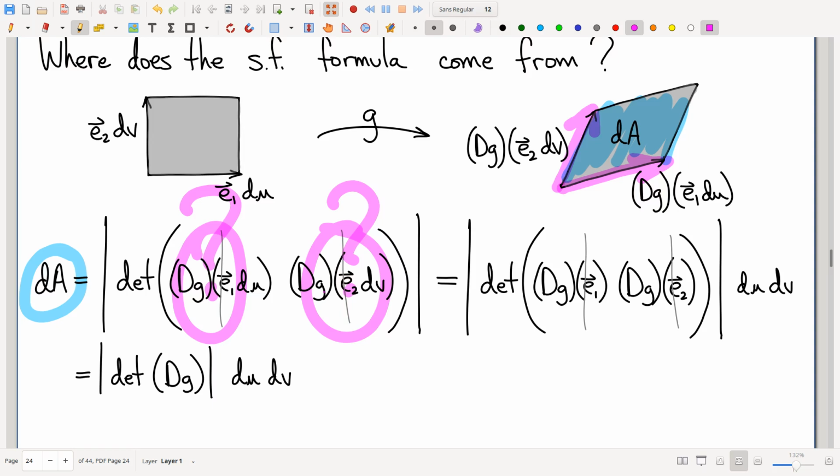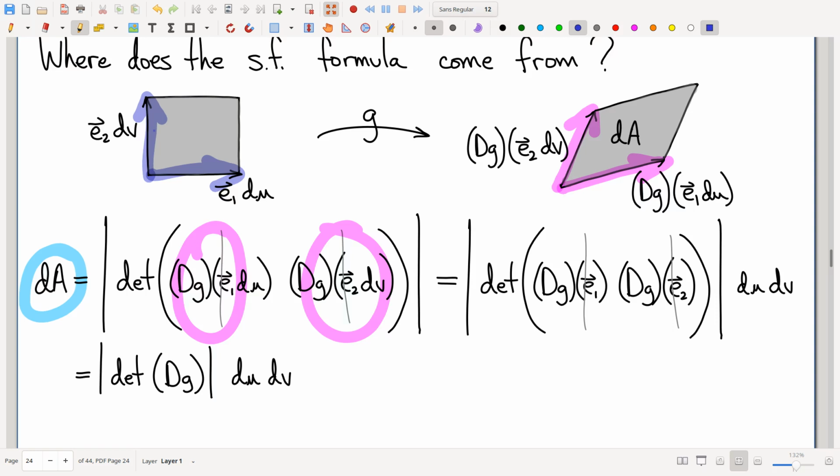So where do these formulas here come from for those edge vectors? Well, these formulas are actually pretty immediate. If you look at, let me get rid of the mess here, if you look at where those edge vectors come from, they are literally the images of these edge vectors. Right? And we have a long since established relationship between input vectors and output vectors, aka input changes and output changes, right?